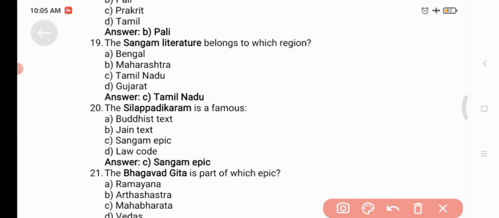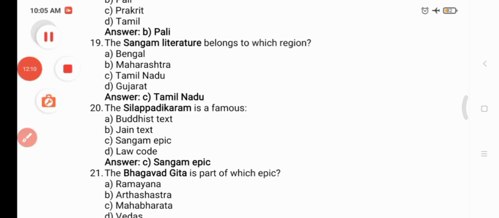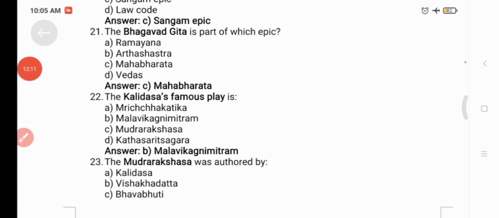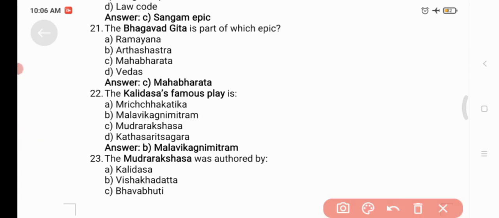The Silappatikaram is famous as option C, a Sangam epic. The Bhagavad Gita is part of which epic? Option C, Mahabharata.